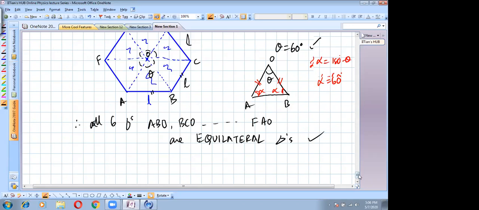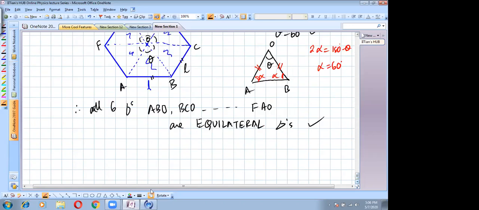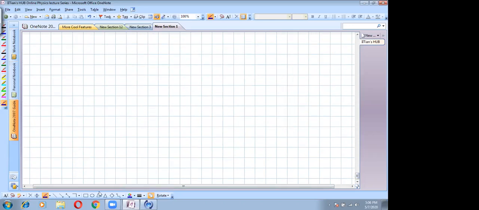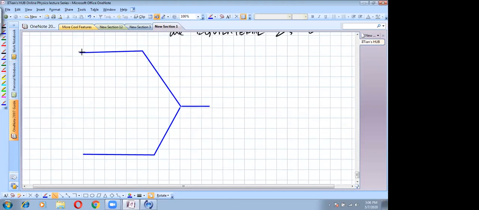Now the other thing is that because these are equilateral triangles, now let me redraw this. So don't worry about the crooked shape. It's just for demonstration.